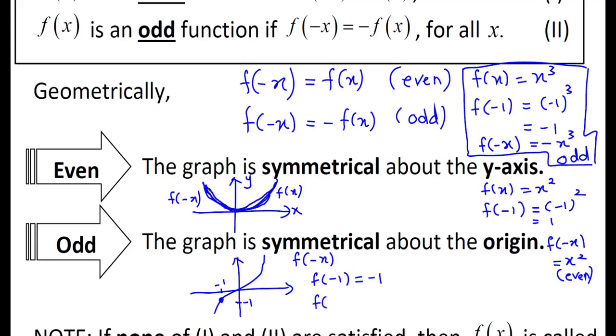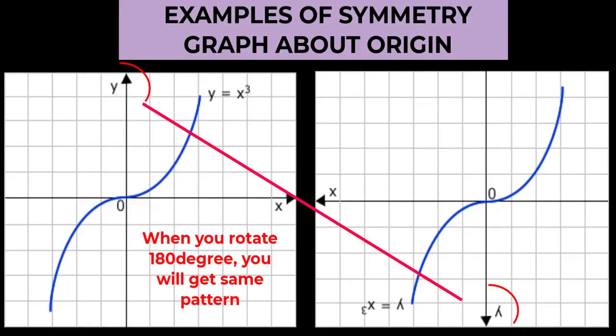And then how about f(x)? f(1) is 1, so the point is here. So this means that this one is not symmetric about the y-axis, but this graph is symmetric about the origin. One more tip to know that a graph is symmetric about the origin is when you rotate 180 degrees, you will get the same pattern. Okay.